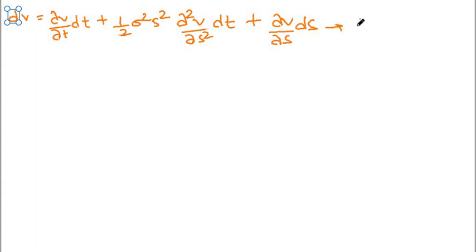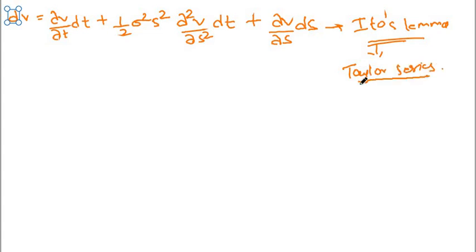This is by Ito's lemma. Just think that Ito's lemma is similar to your Taylor series. You all must have read Taylor series. If not, you can just Google it around. It is heavily used for the VaR approximations.